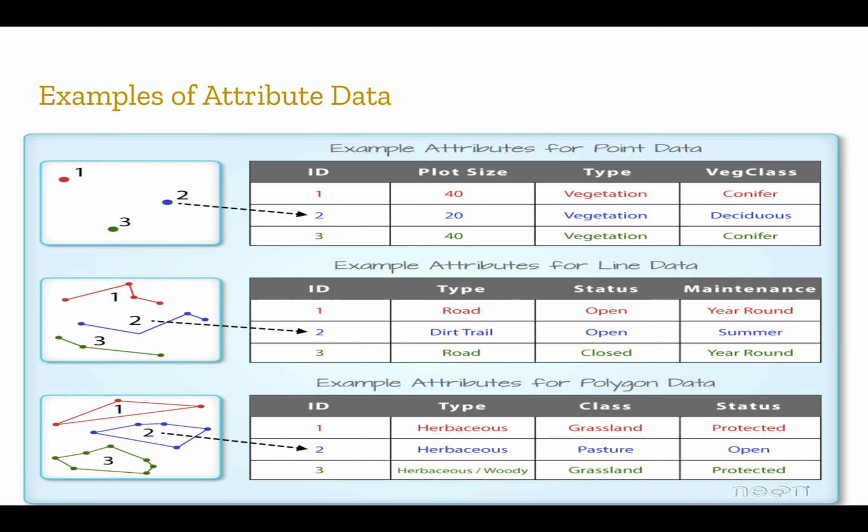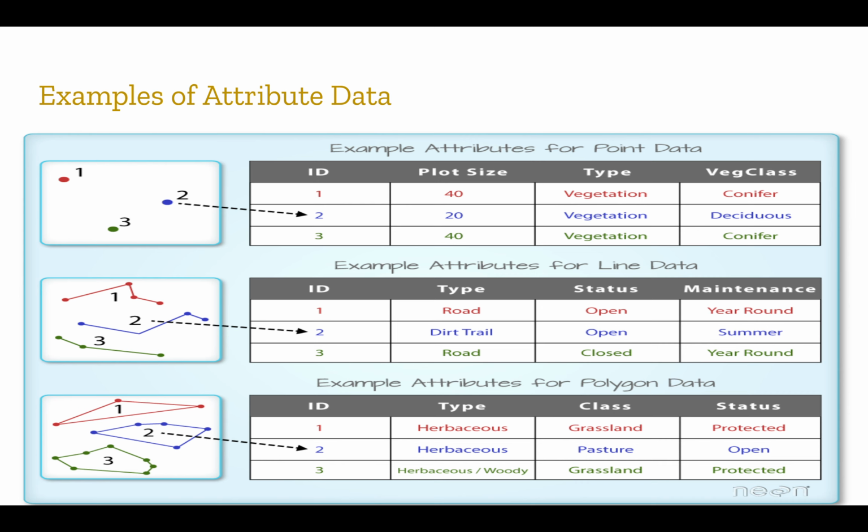Here are examples of attribute data for three types of spatial features: points, lines, and polygons. At the top, we have point data, which represents specific locations such as trees or sampling sites. Each point has attribute data like plot size, type, and vegetation class. In the middle section we see line data, which is used to represent linear features like roads or trails.